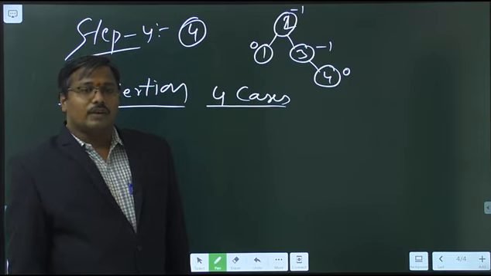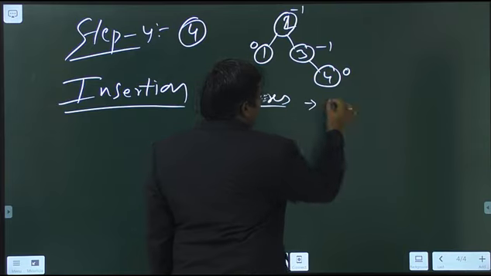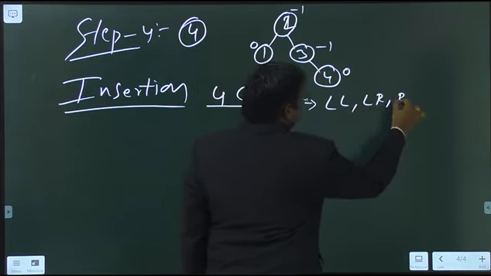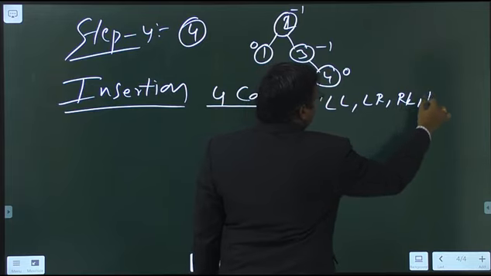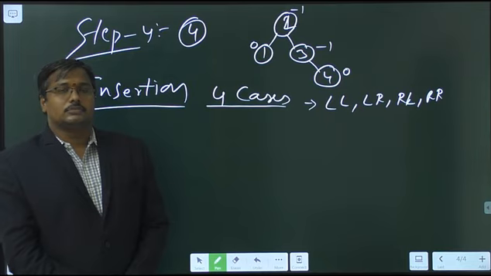What are the 4 different kinds of cases? The 4 different kinds of cases are LL, LR, RL, RR.